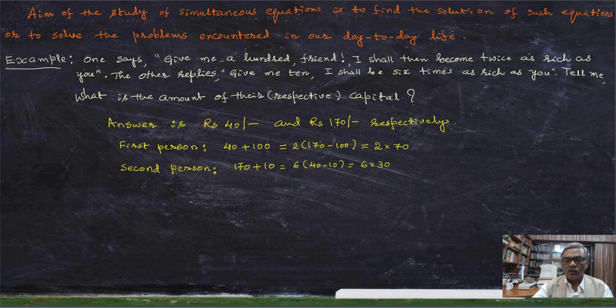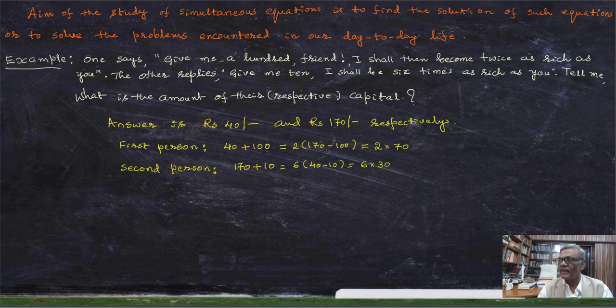And the answer to this problem is: the first one has 40 and the second one 70 respectively. The first person has 40 as his amount. If the second person gives 100, then 100 rupees is less in the second person, that is 170 minus 100 is 70.